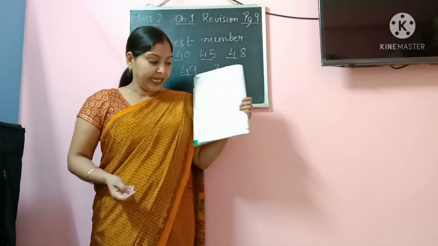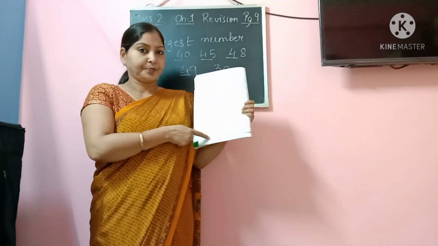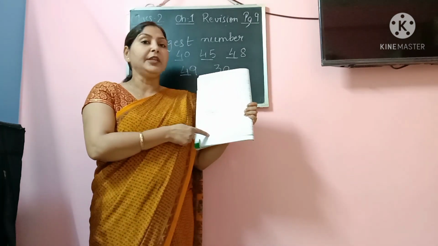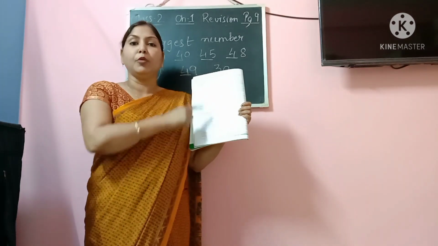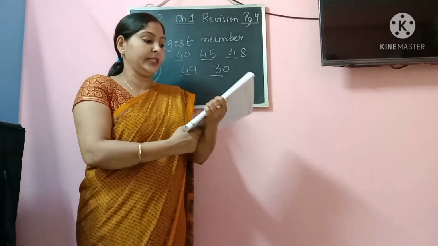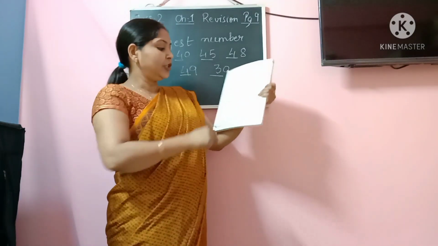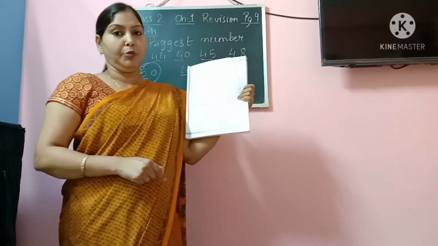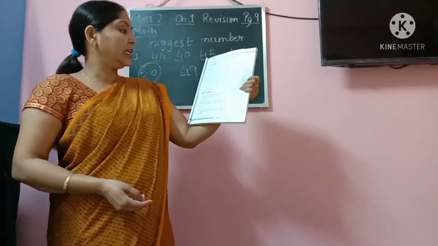Now page number 10, both addition and subtraction. This one you can do in the book. Page number 10 you can do in the book. All the questions you can do in the book. It's for your practicing. Even here, page number 11 also you can do in the book. Okay. So page number 11 you see multiplications are there.